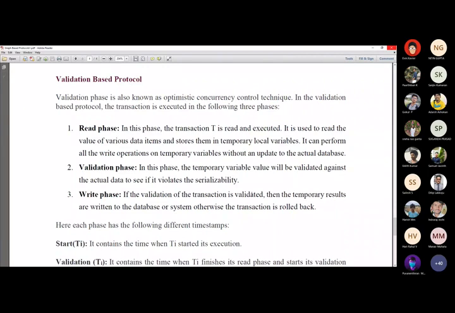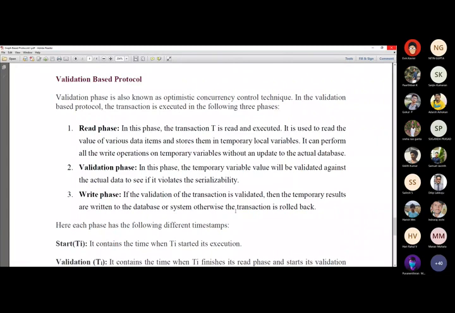Whenever you want to write something to the database, initially you write it into the temporary variables, and then you validate the temporary variable values and check them for serializability, whether these values will conflict with one another.